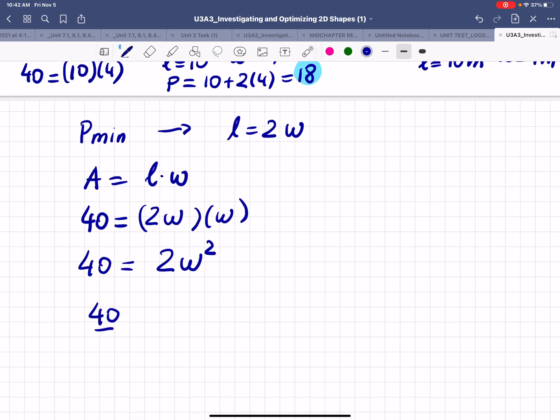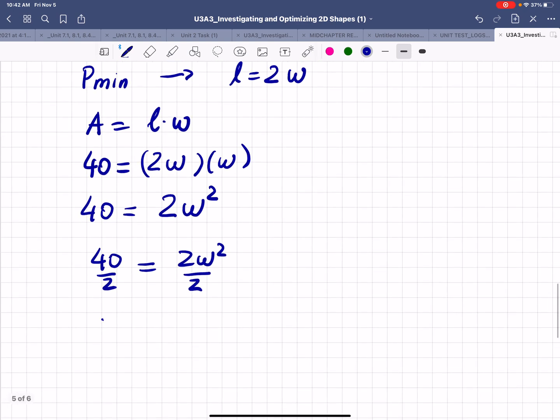Divide both sides by 2, and that will give 20 equals w squared. So to find w, we'll have to square root both sides. And that's how we get w equal to square root of 20.